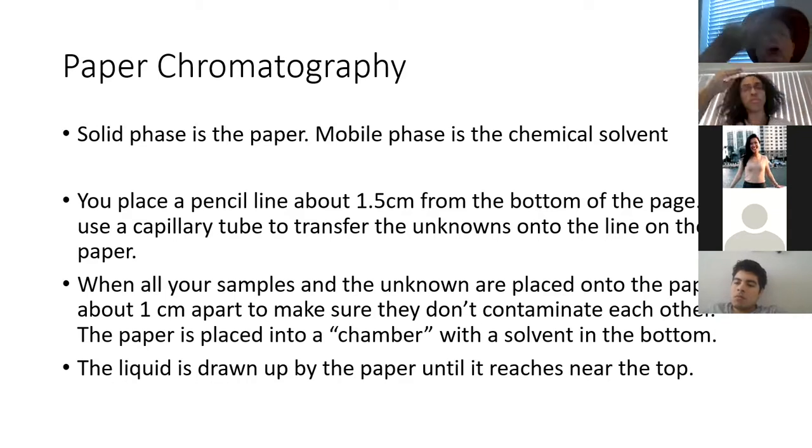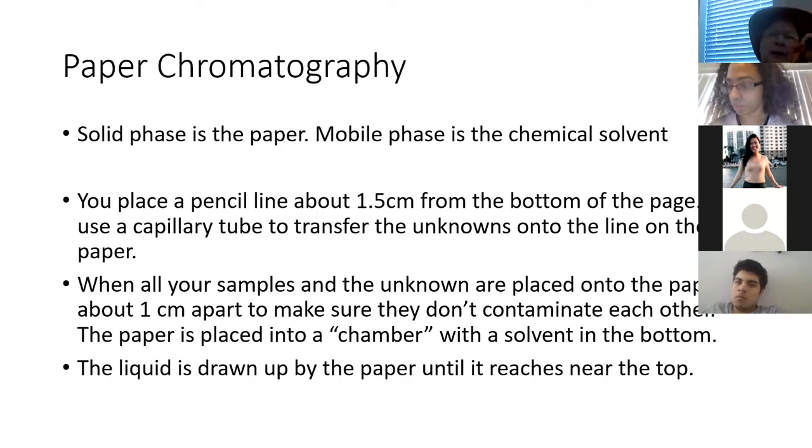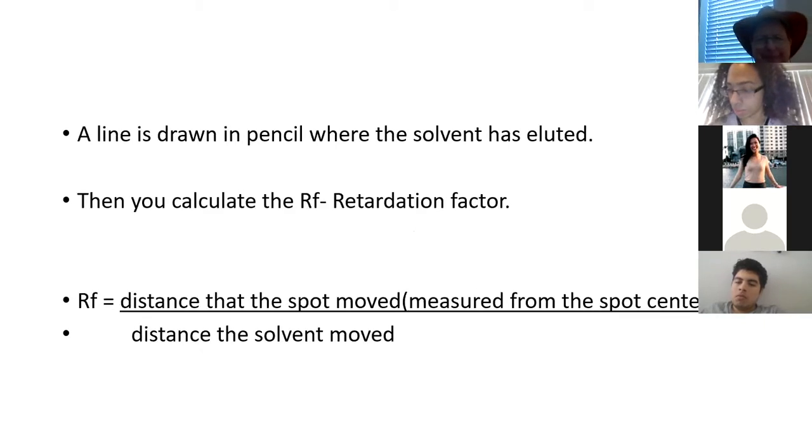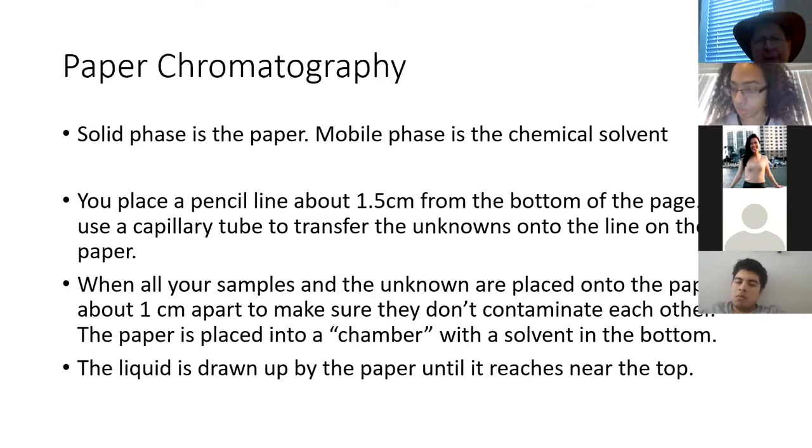Then when you have all your known materials and your unknown on this piece of paper, you fold it into a cylinder and you put it into a chamber. Then begins the real exciting part. For 45 minutes, you get to watch this thing creep up to the top of the page. Then finally, after 45 minutes or so, it gets up close to the top.